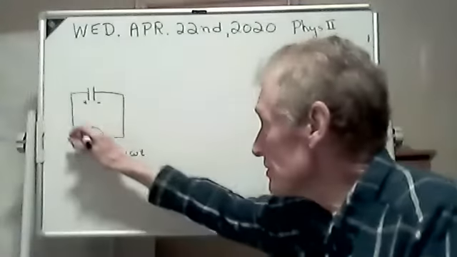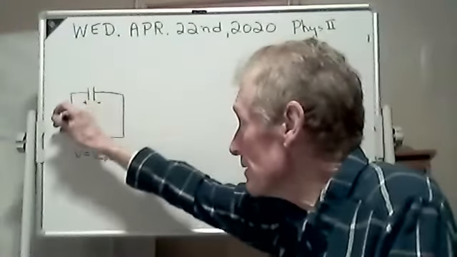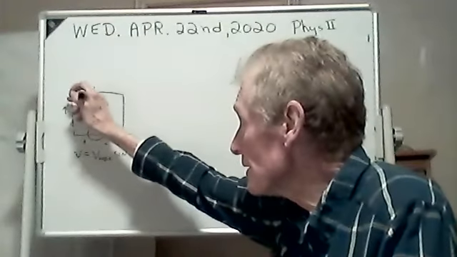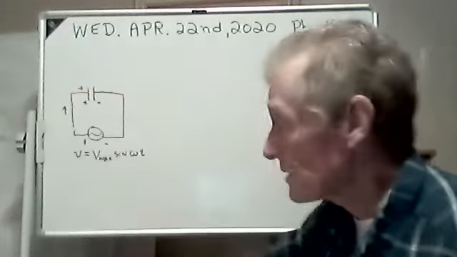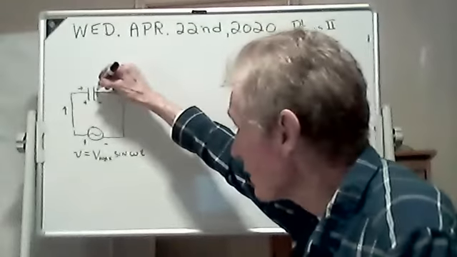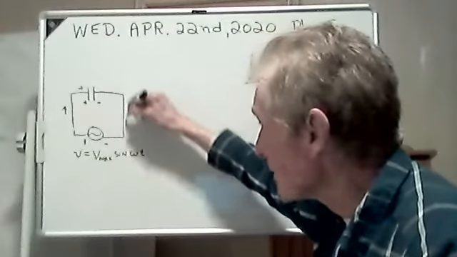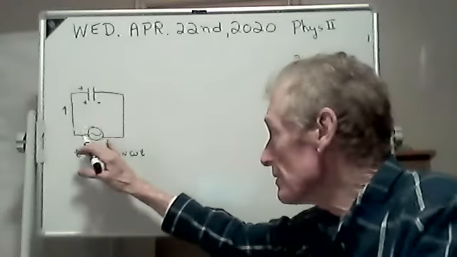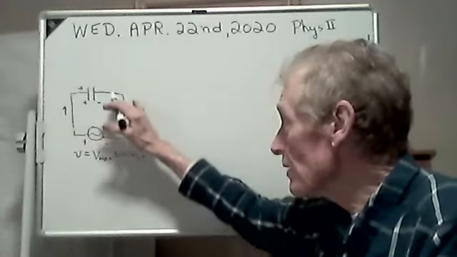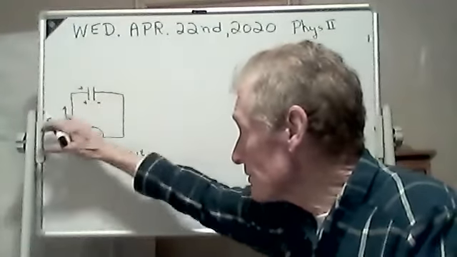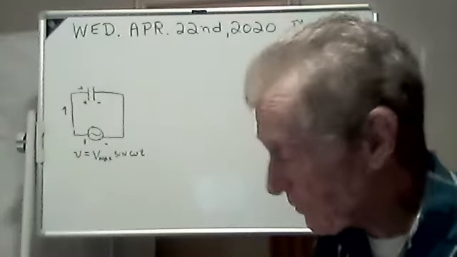And see, current's coming in. The pluses are going this way. There's current coming in, and it's filling up this capacitor, and it's making this side plus. And then it's repelling the pluses here, and they're going to the negative. Then it switches, see, and then the current will go this way, and it will fill this side up with pluses. This will be negative, and the current will go the opposite way, back and forth.